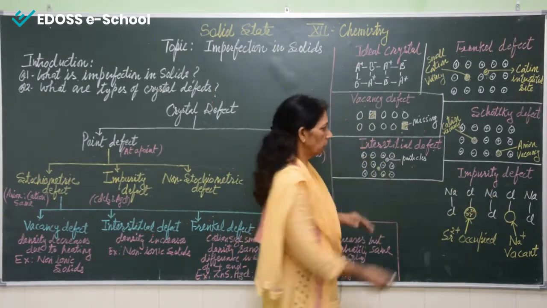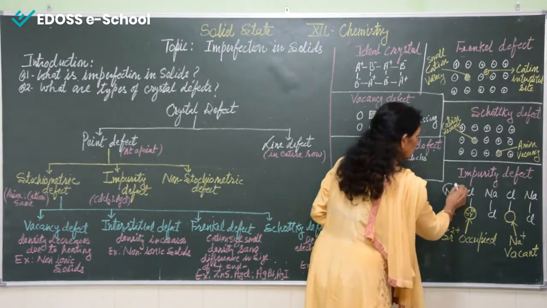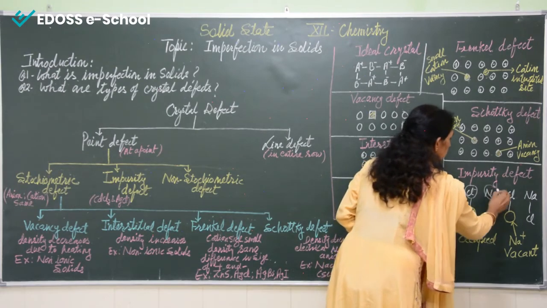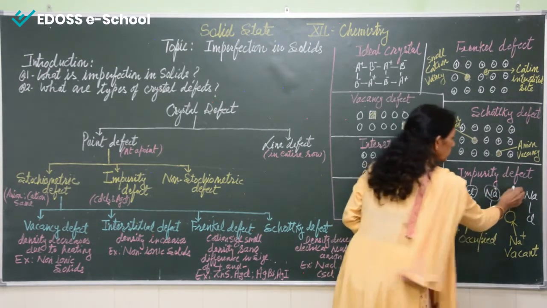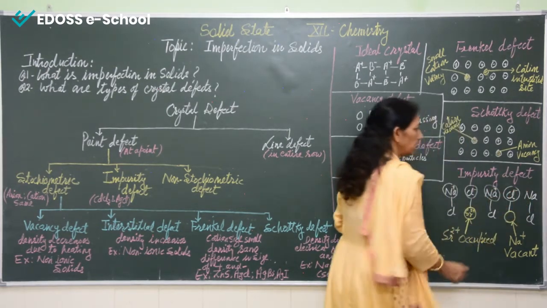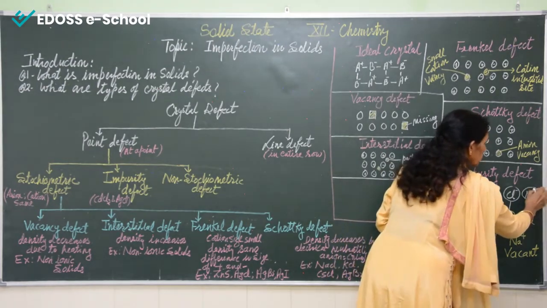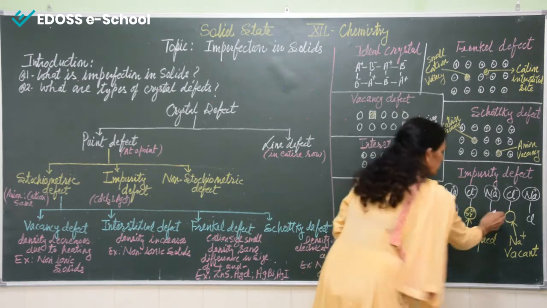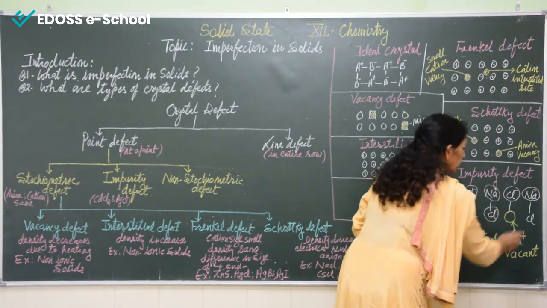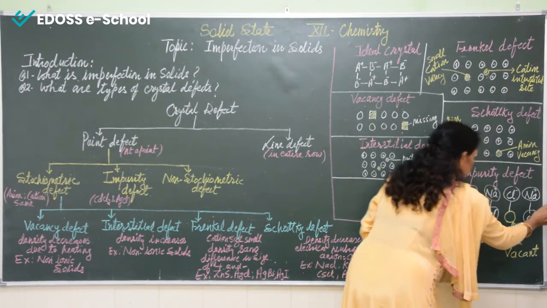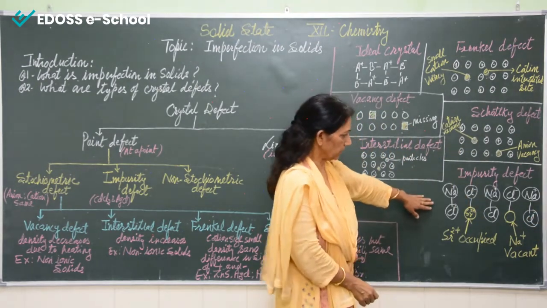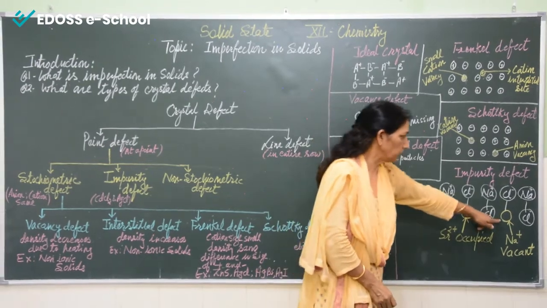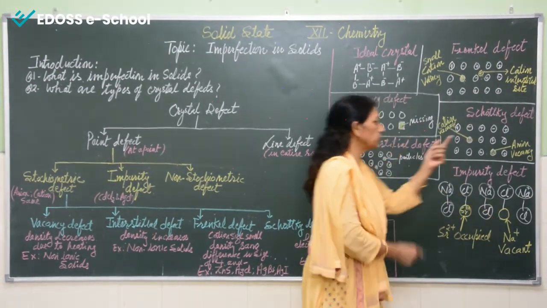This is sodium ion, this is Cl, sodium is having one positive charge, Cl is having negative charge, again sodium positive charge, Cl negative. So what we see here is that from here and from here two sodium ions are missing.